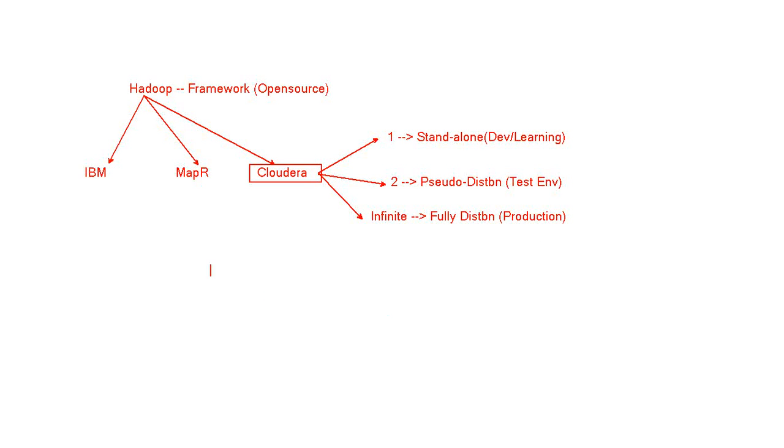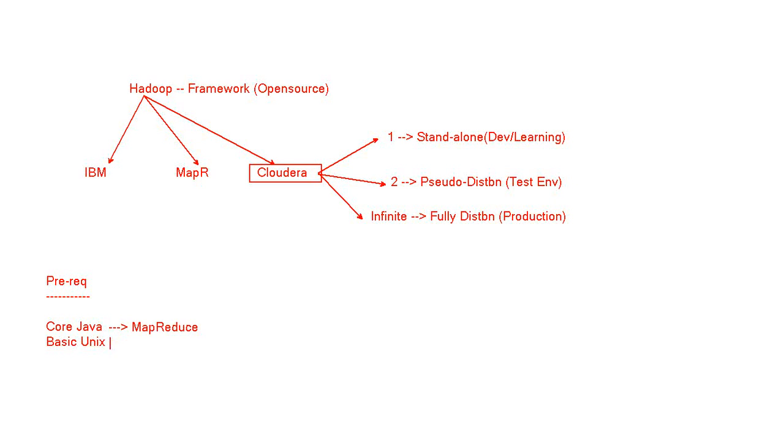Now, the prerequisites to do this course: anyone should have core Java knowledge and basic Unix commands. Why is core Java knowledge required? One reason is that we will be learning MapReduce programming.